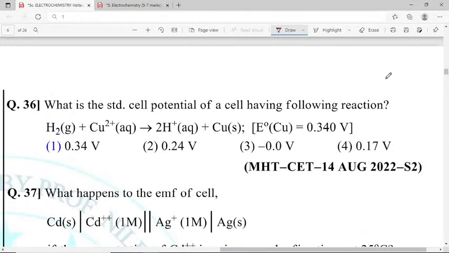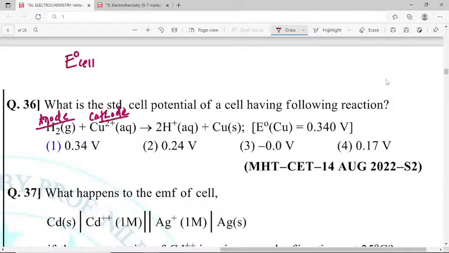Next question: what is the standard cell potential of the following cell? Same question. Hydrogen is the anode and copper is the cathode. E naught cell is equal to E naught cathode minus E naught anode.